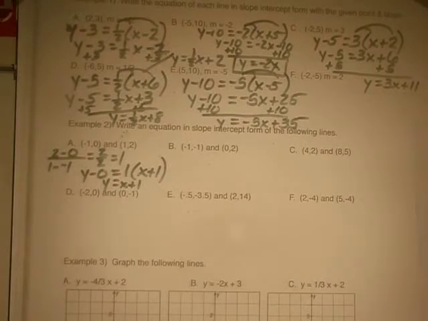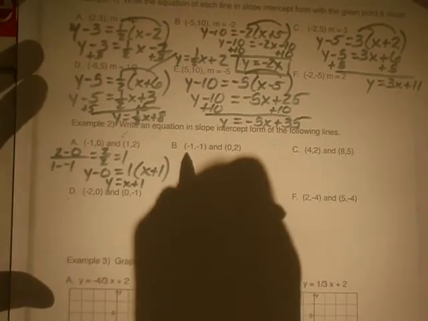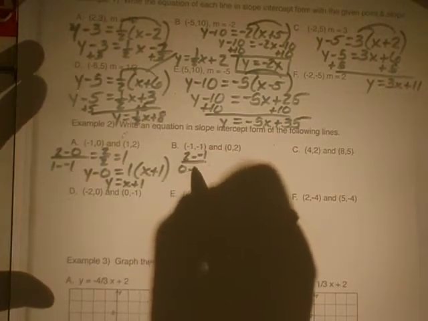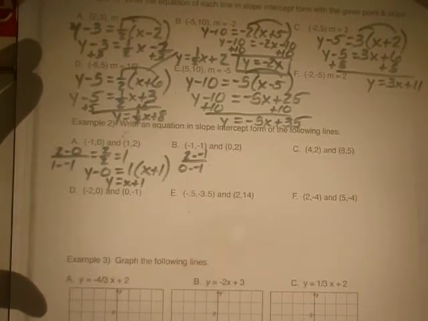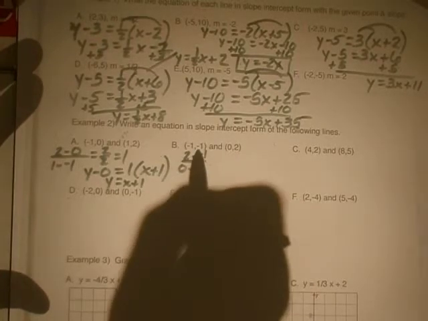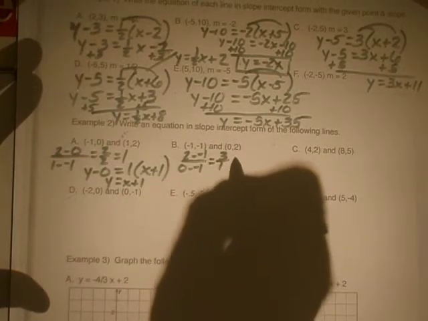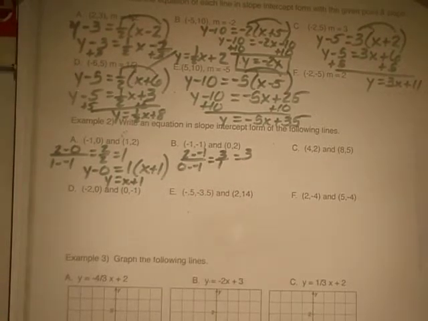Letter B, first of all, finding our slope, y minus y, x minus x. I did 2, subtract a negative 1, 0, subtract a negative 1, which becomes 3 over 1, which is 3. And I'm going to pick that second point because it has a 0.